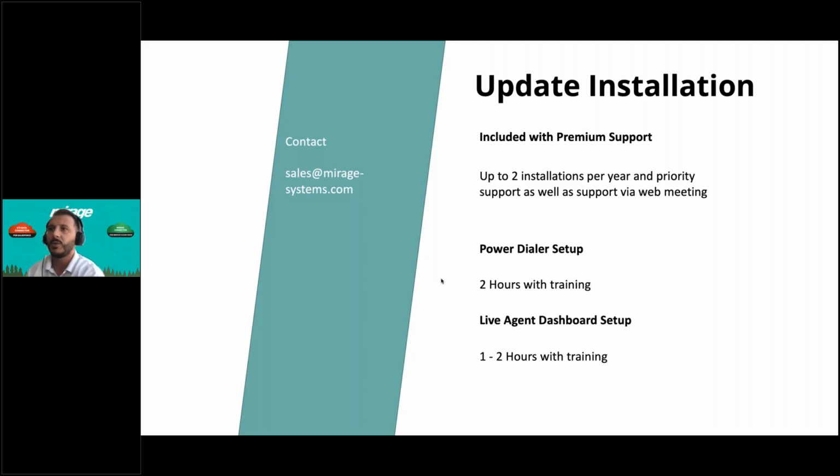So after that, our customers can still decide which configuration for which function should be made by our side. The different functions require different amounts of time. For example, the power dialer setup, including training, can be done by our technical support within 2 hours, or the live agent dashboard can also be done within 1 to 2 hours.